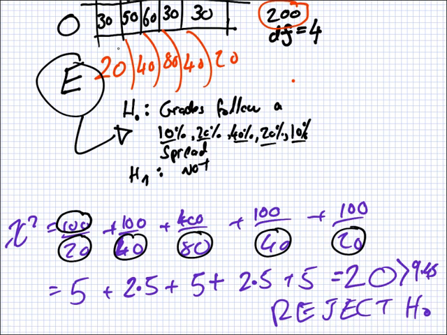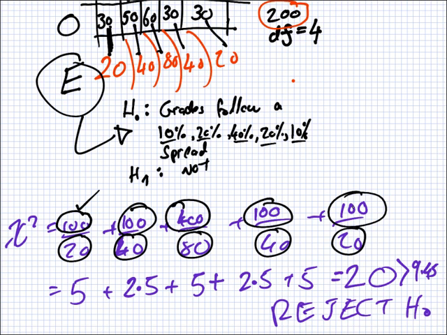The difference between these two, squared. What's the difference between 30 and 20, squared? The difference between 50 and 40, squared. Difference between 60 and 80 is 20, squared. You get the idea? Difference between 30 and 40, squared. And 30 and 20, squared.